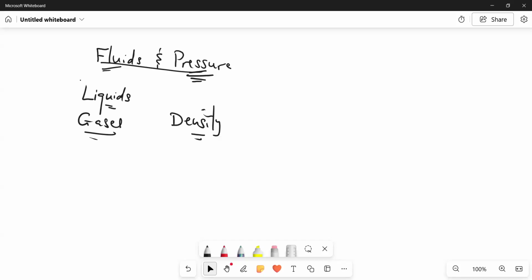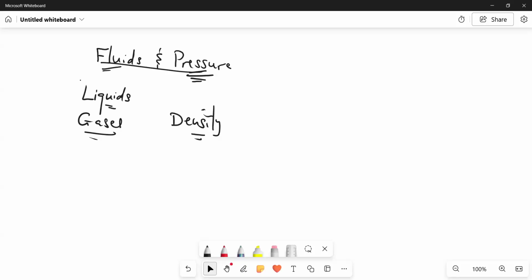Because as I said, density is not just a property of liquids and gases. You can have a solid having a certain density. In layman's terms, when you speak of density, you're talking about how densely packed.